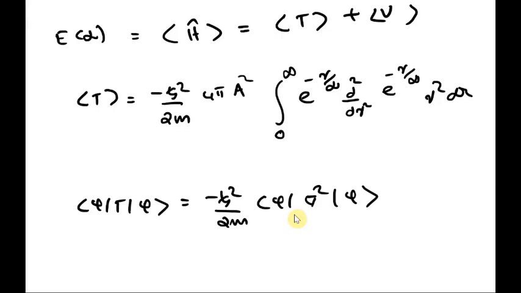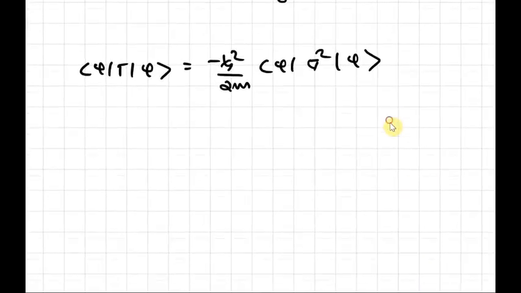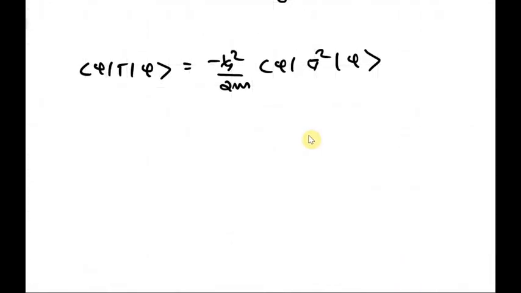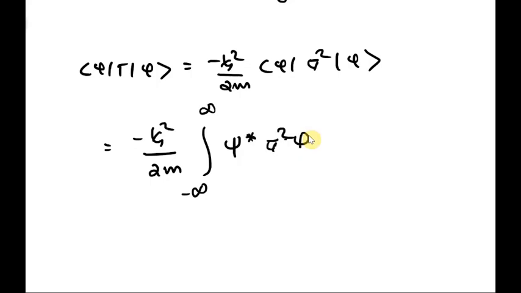So instead of calculating del square psi directly, you can write it in terms of first order derivatives like this. I'll write it in the integration form like minus h cross square by 2m integral. In the general case, it can be from minus infinity to infinity. You have psi, and you are supposed to calculate psi star del square psi d tau.